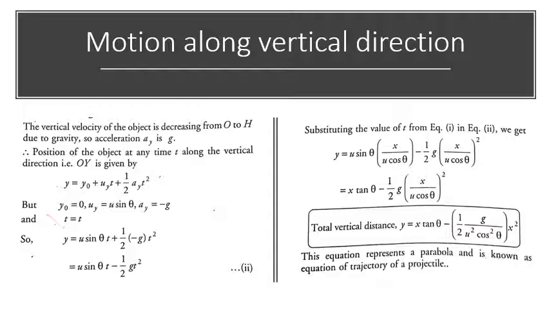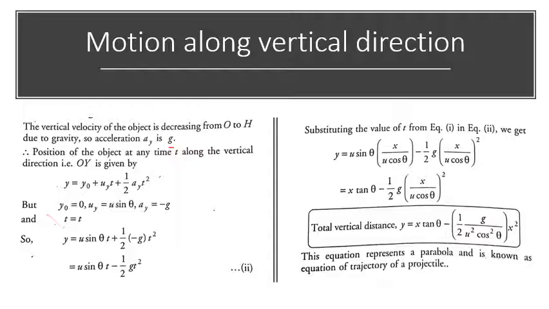So acceleration ay is g; the acceleration of the vertical component depends on gravity g. Therefore, the position of the object at any time t along the vertical direction OY: we write the same position-time equation, but in place of x we replace y.